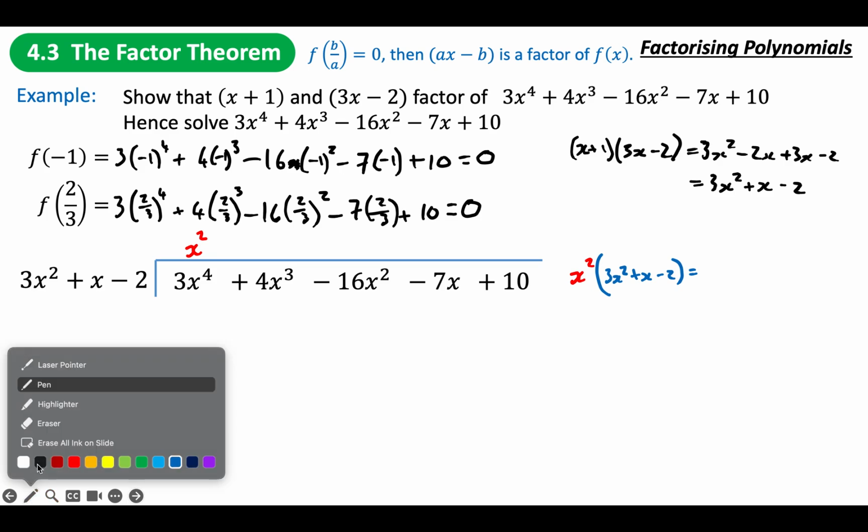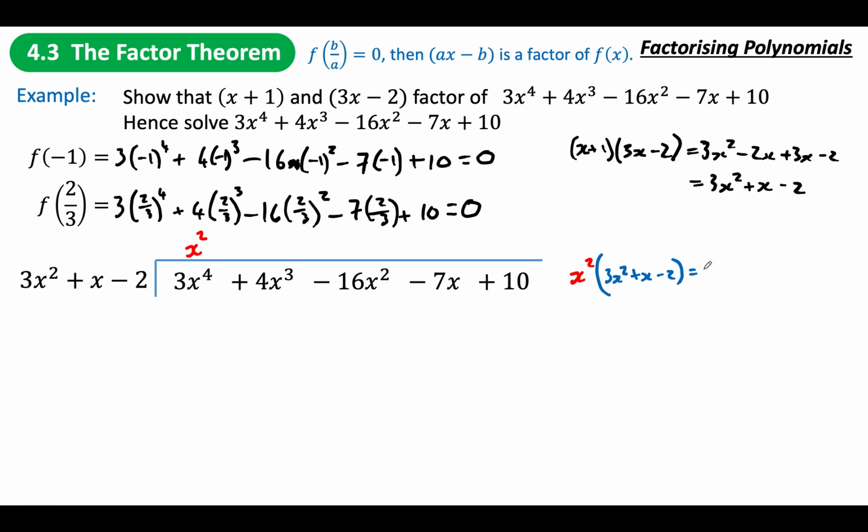It's the same process. So that will be 3x to the power of 4 plus x cubed minus 2 lots of x squared. Right, so we're going to write those in here. 3x to the power of 4 plus 2x cubed.